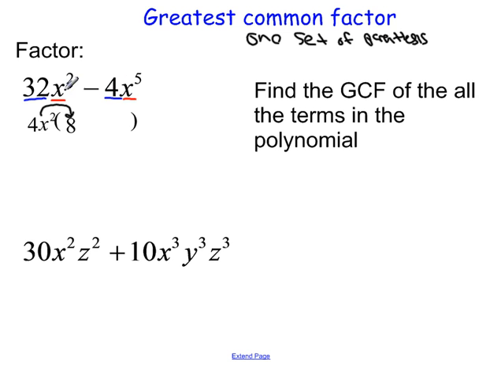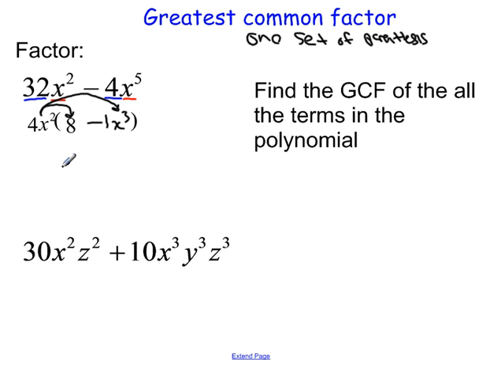And what do I need to multiply 4x squared by to get negative 4x to the 5th? Well, I already have the 4, so it's going to be 4 times negative 1. And x squared times what is going to give me x to the 5th? That's going to be x to the 3rd.